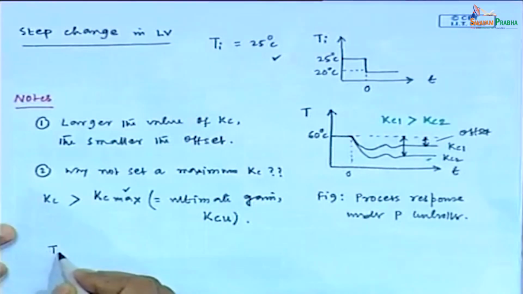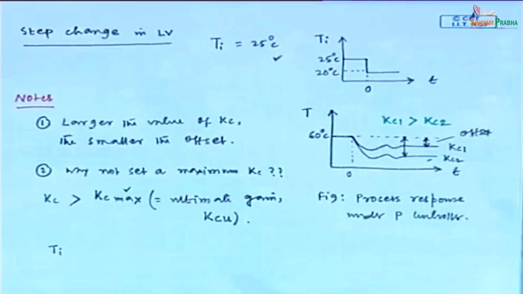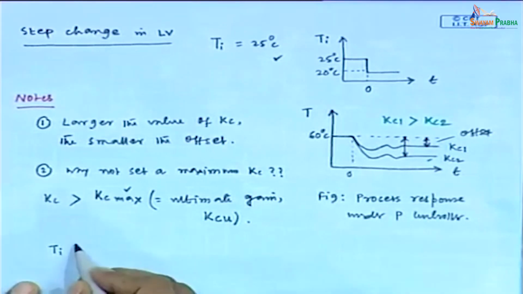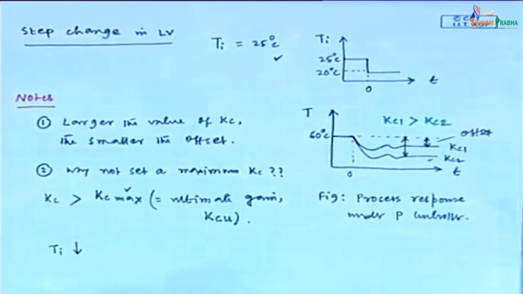Now, with the decrease of tau I, what happens? In this case, we have considered a decrease of tau I. If we decrease Ti, the temperature of the liquid in the tank decreases. Agree?